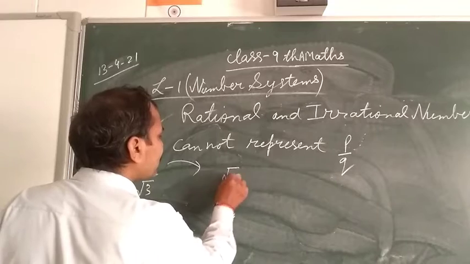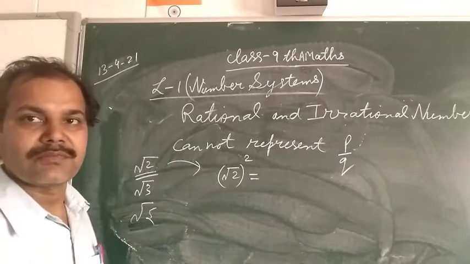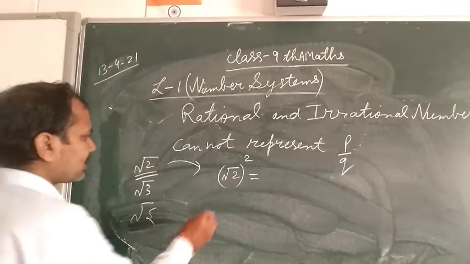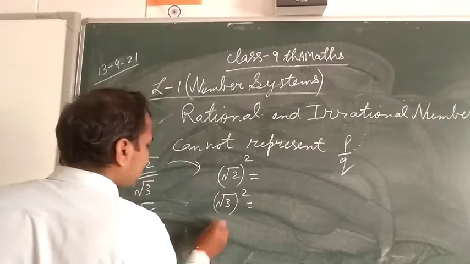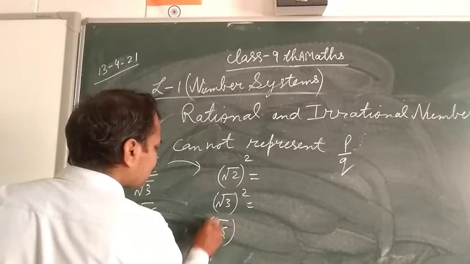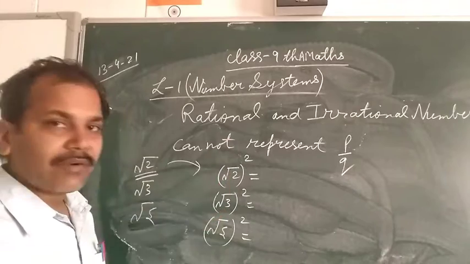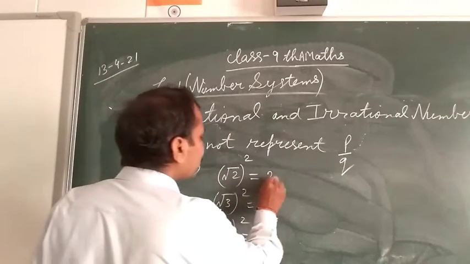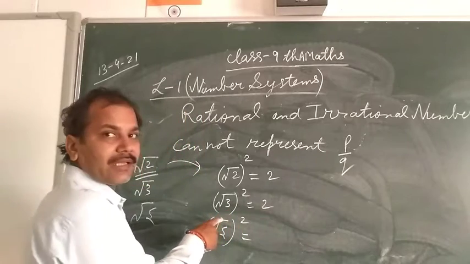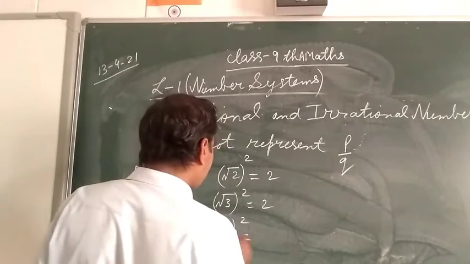For under root 2, first you write its square. Suppose under root 3, there is its square; under root 5, there is its square. When we square these numbers, they will be without root.